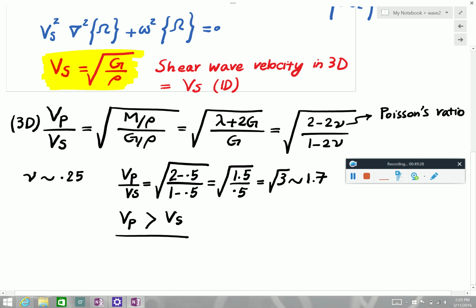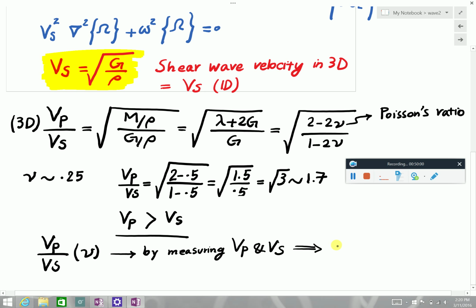It's also interesting to note that this ratio is only a function of Poisson's ratio, meaning that if we can measure V sub P and V sub S, we can actually measure the Poisson's ratio non-destructively. So by measuring V sub P and V sub S, we can obtain Poisson's ratio non-destructively.